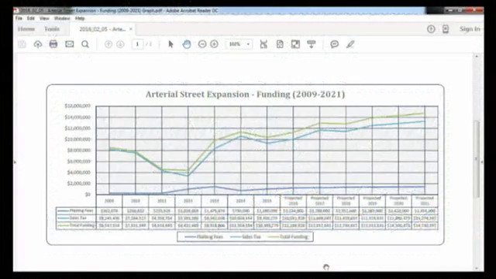And if you look at the sheet I have in front of you now, this is the history of the platting fees we've collected, and the actual numbers are listed there. The bottom line is the platting fees collected. The middle line is the sales tax that went into the Arterial Street Expansion Fund. And the top green line is the total of those combined. Everything through 2015 is actually what we collected and what we spent.